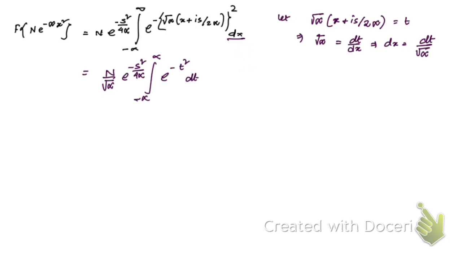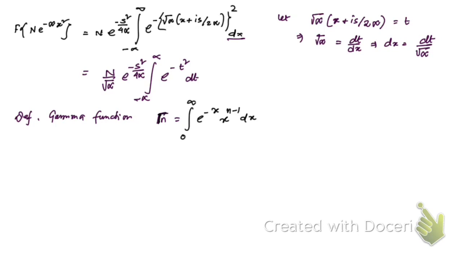Now you see that we know the definition of the gamma function. Gamma of n is given by this, this is the definition of the gamma function.